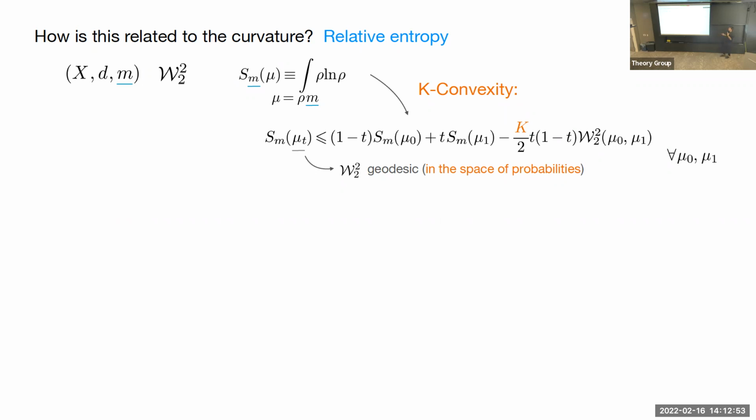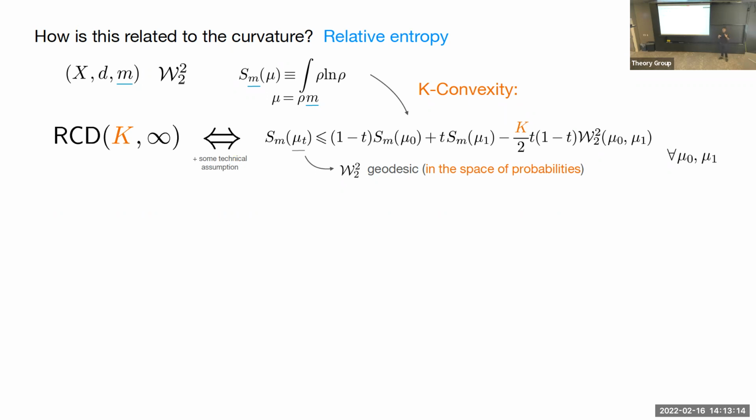And it turns out that this property, with a fixed K, is enough to characterize a class of spaces, which are called RCD spaces, RCD(K, infinity) in this case, where this stands for Riemannian curvature dimension. So these are spaces which are quite general.